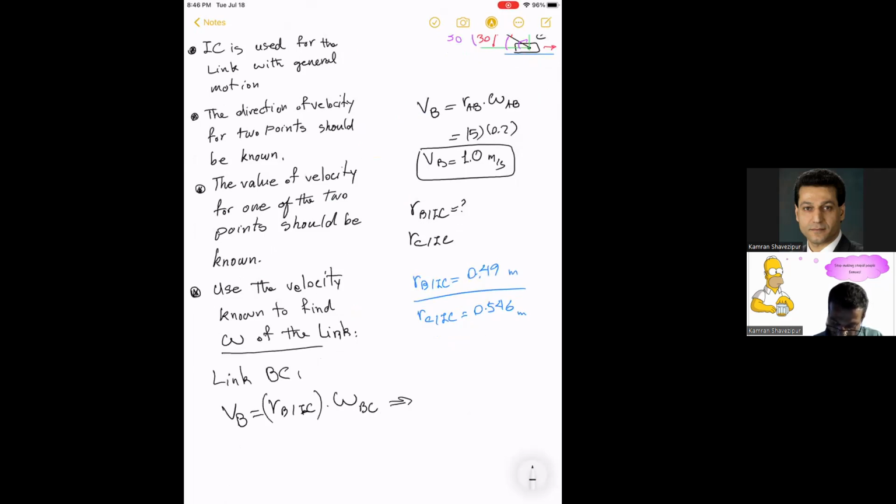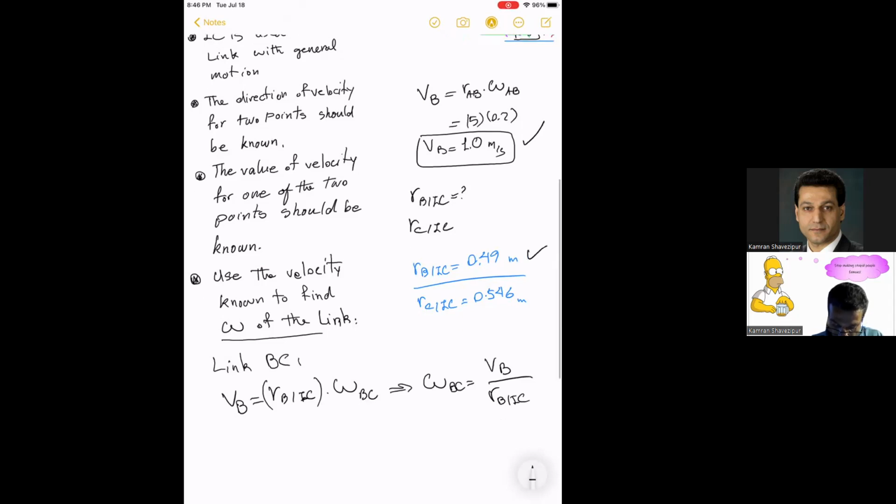And from here, you can calculate omega BC as VB, which we know from here, divided by RBIC, which we know from here. So your omega BC will be 2.041 radian per second.